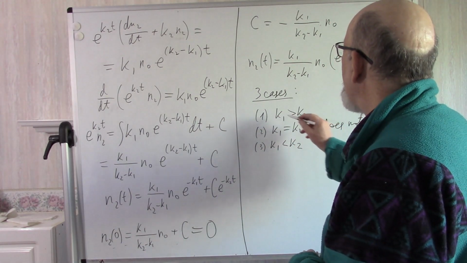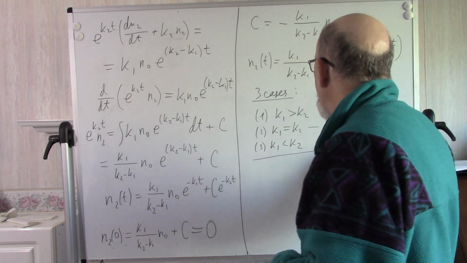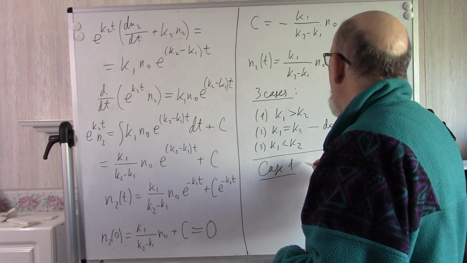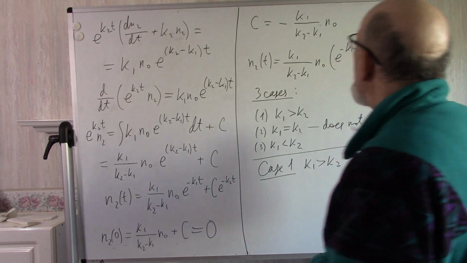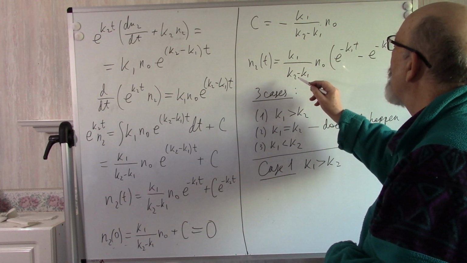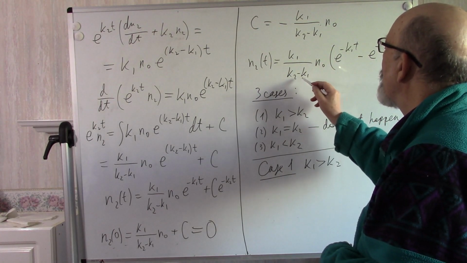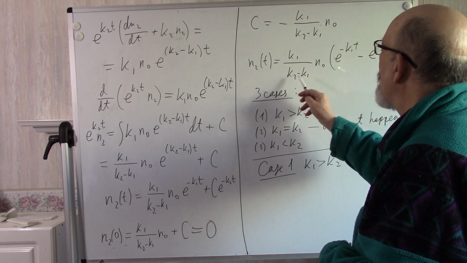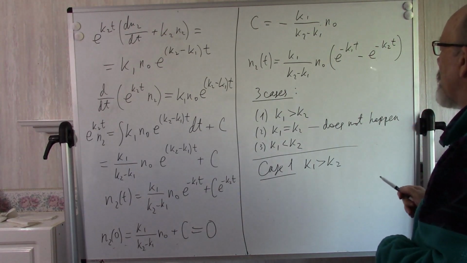The other two cases happen pretty much, so we have to consider them. The first case, k1 is more than k2. What happens here? To have positive numbers, we have to change the order. Instead of k2 minus k1, we write k1 minus k2 and change the order here. Why do we change?